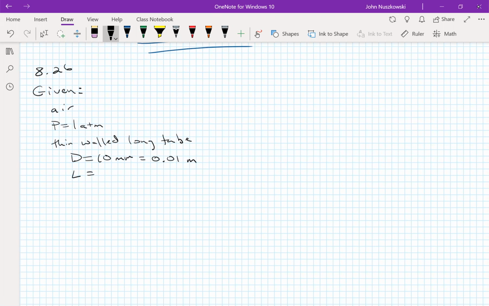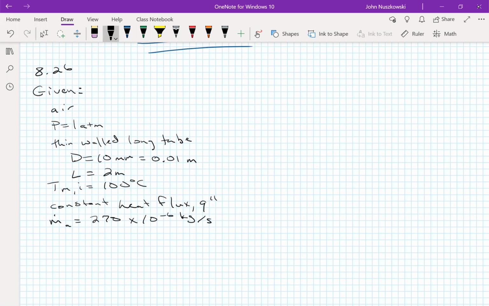Our length is 2 meters. The mean inlet temperature is 100 degrees Celsius. It's a constant heat flux. The mass flow rate of air was given, 270 times 10 to the negative 6 kilograms per second.